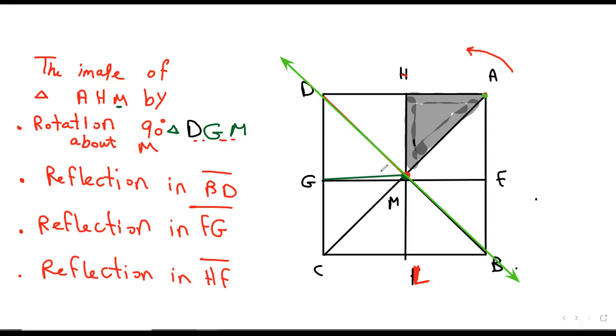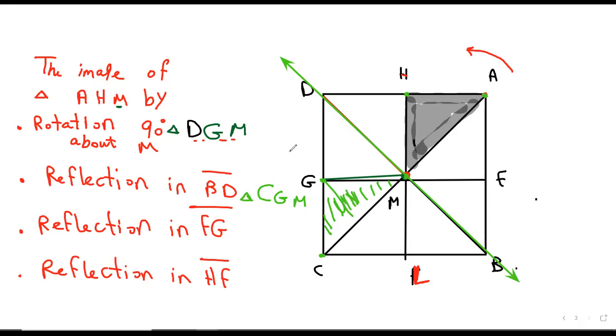The reflection of A in this line will be C, and the reflection of H in this line will be G. The reflection of M in this line will be M. So the image of AHM by reflection in BD will be triangle CGM.